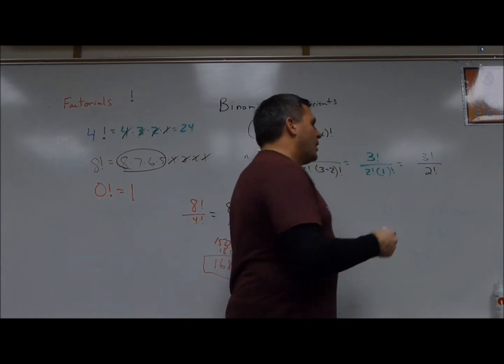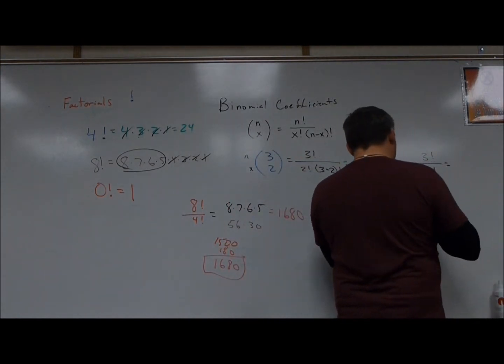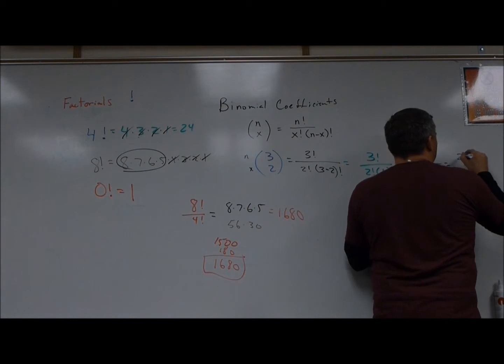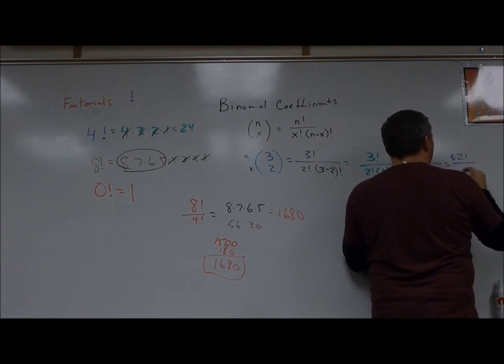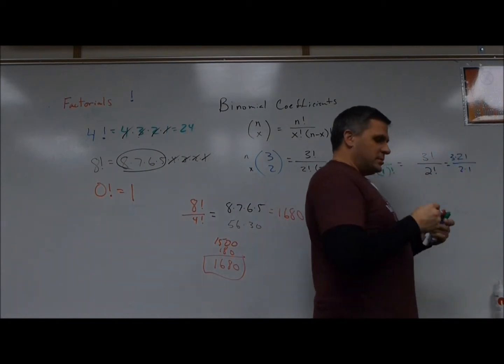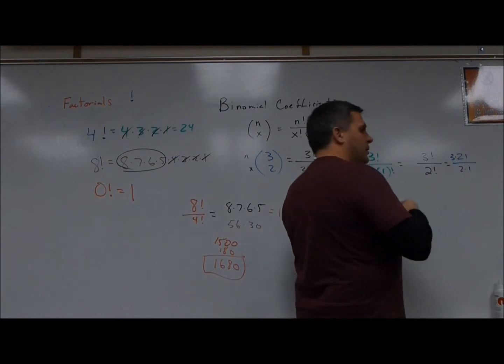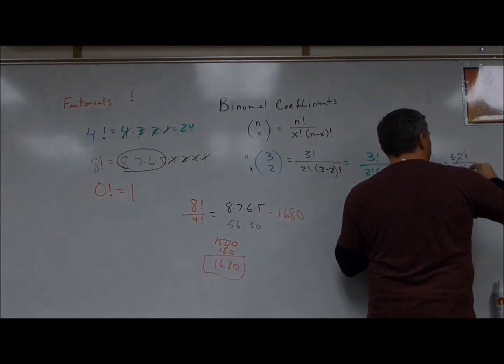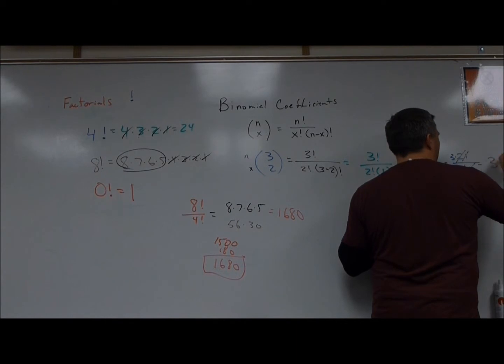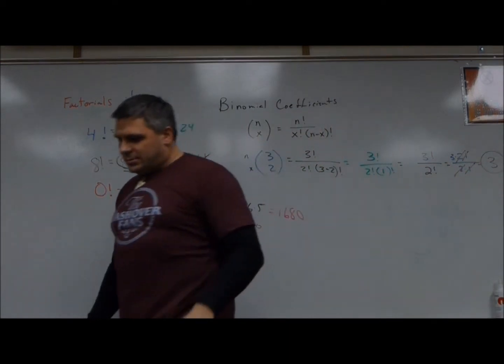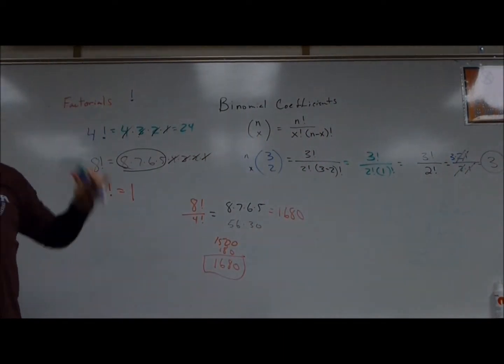That's 3 times 2 times 1 over 2 times 1. Cancel out the 2's and the 1's, and I get 3. Yay, we did it right.